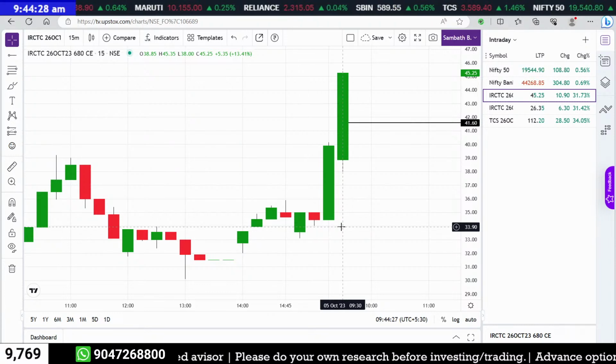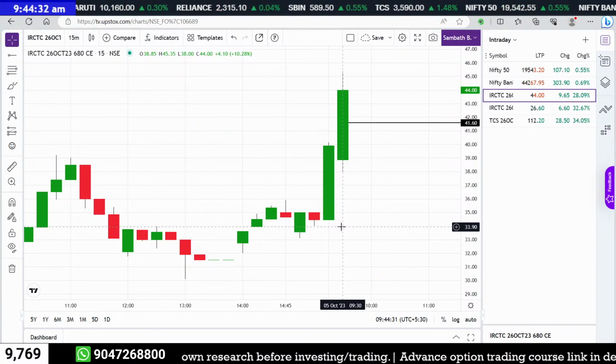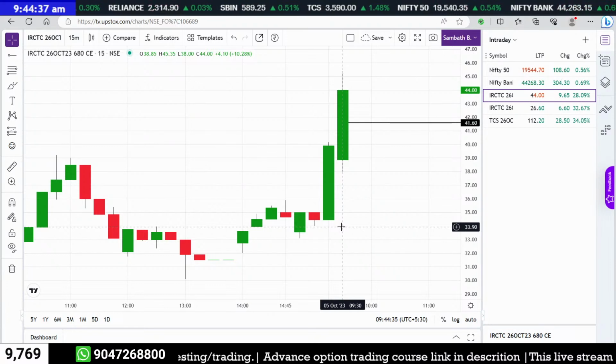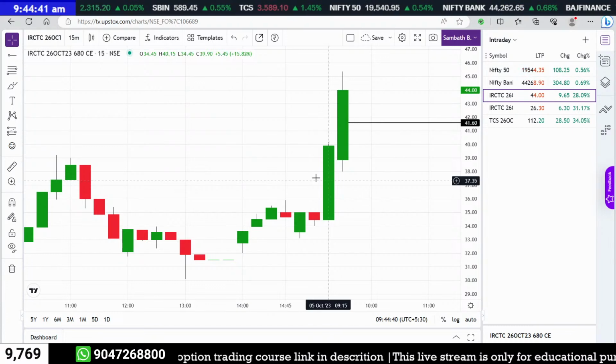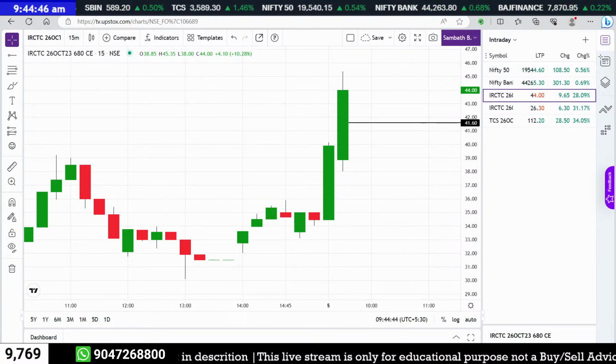That was a positional trigger. So maybe we are going to hold it on a positional basis, not for an intraday. Hope you understood the concept which you are using. Because this one is not for an intraday, so you can exit the intraday one, and if you are trying this, you can wait for it.